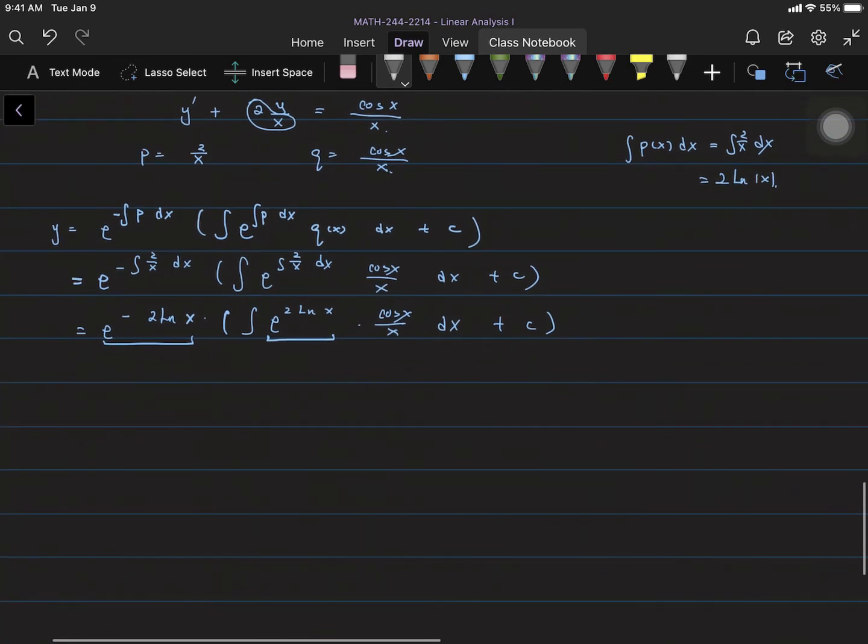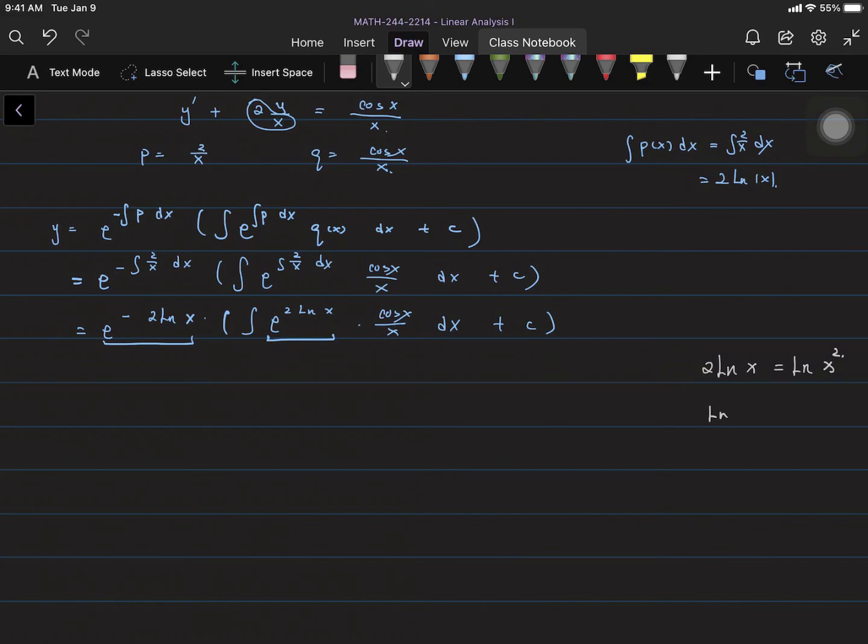Let's see. Do you still remember the natural log property? For example, x times natural log x, we can change this into natural log x squared. So this is called the exponent law for the natural log, right?